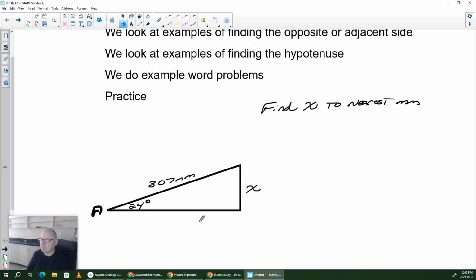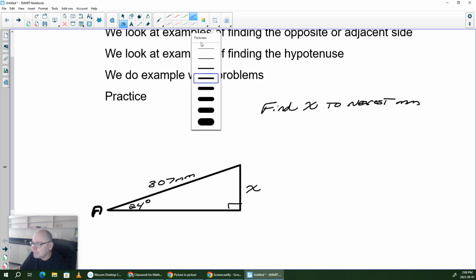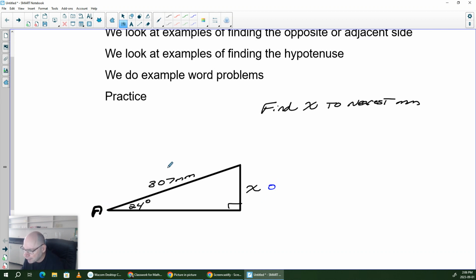Okay, not too difficult if we know that this is our right side. So we're going to go ahead and label everything up in here. This angle that we're dealing with is A. So this is our opposite side, and this is our hypotenuse side. So opposite and hypotenuse, okay?